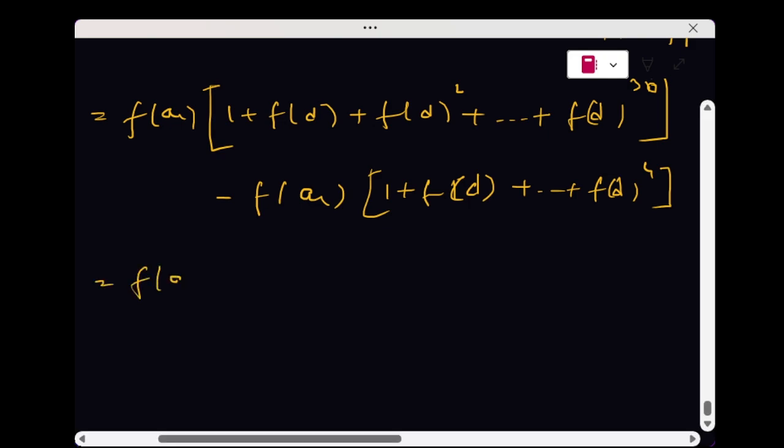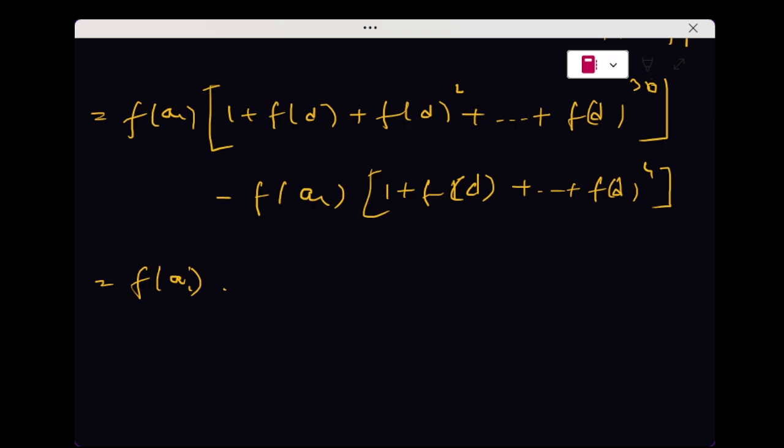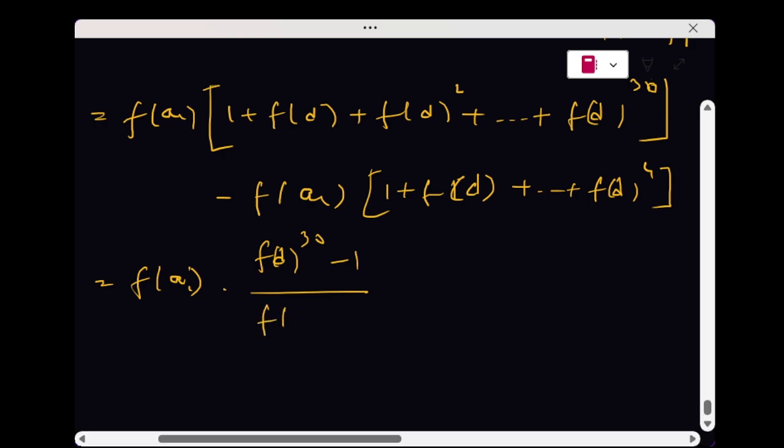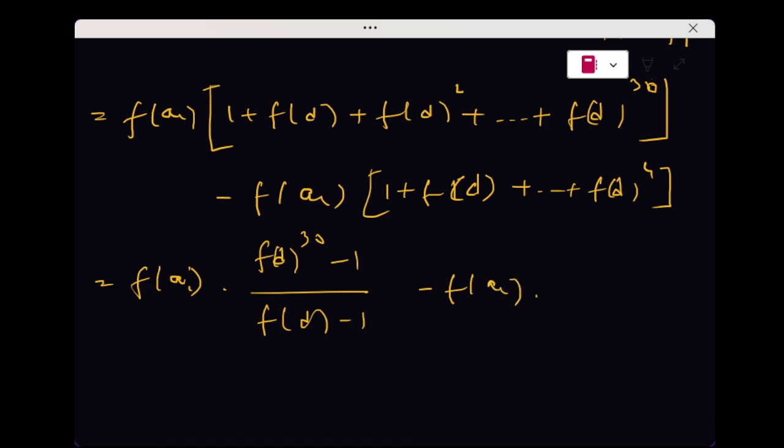So from the first one, f of a1 times, this is our GP series, so it will be f of d to the power 30 minus 1 by f of d minus 1, minus f of a1 times f of d to the power 5 minus 1 by f of d minus 1.